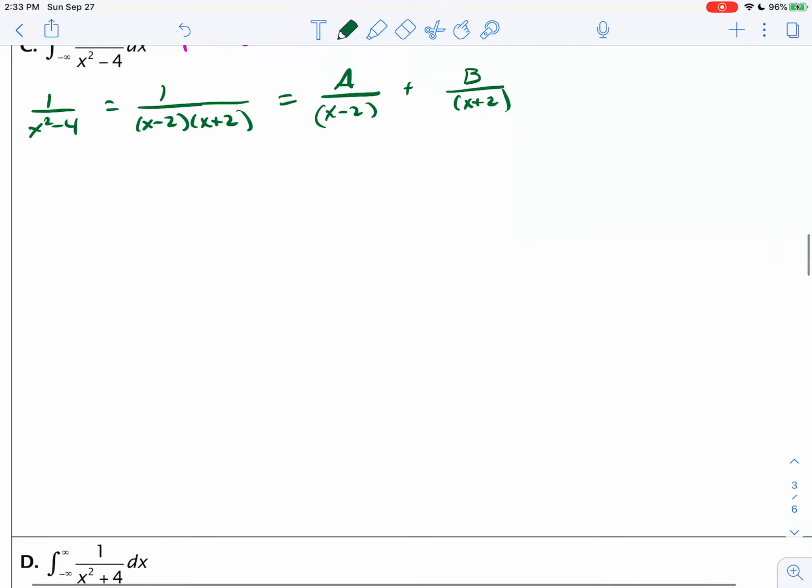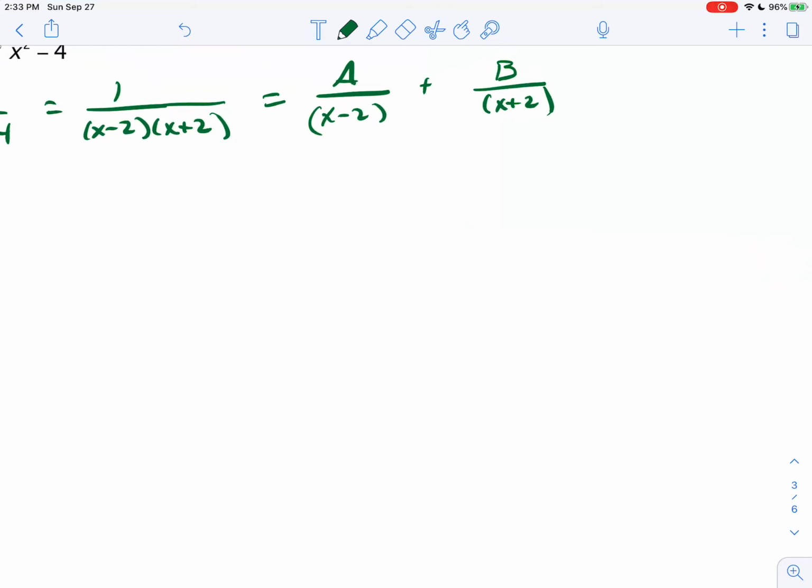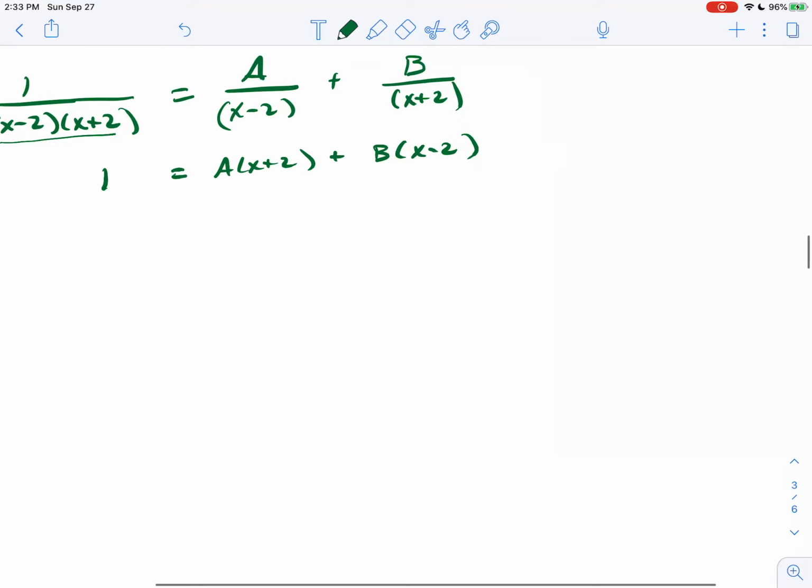Trying to find a and b, I then multiply on both sides of this partial fraction decomposition by the entire denominator, and I end up with 1. And if I distribute, I end up with a times x plus 2 plus b times x minus 2.